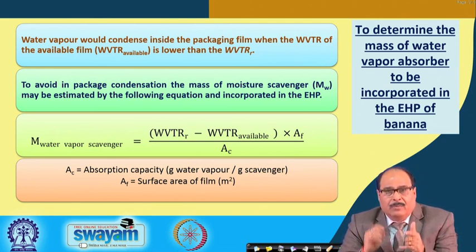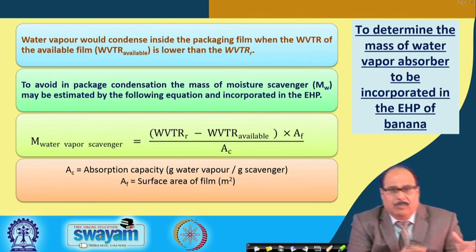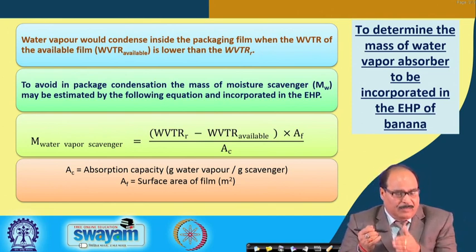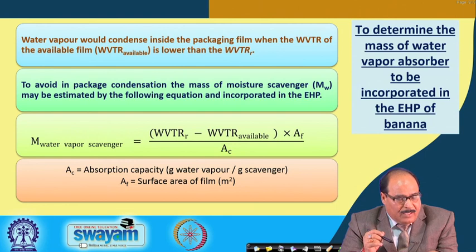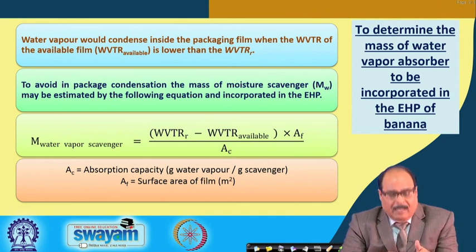So, you have to calculate and add some moisture absorbers, because whatever extra moisture is there inside the package has to be absorbed by the moisture absorber. So, the moisture, the water vapor scavenger required can be calculated from the formula: WVTR required minus WVTR available, multiplied by AF divided by AC.